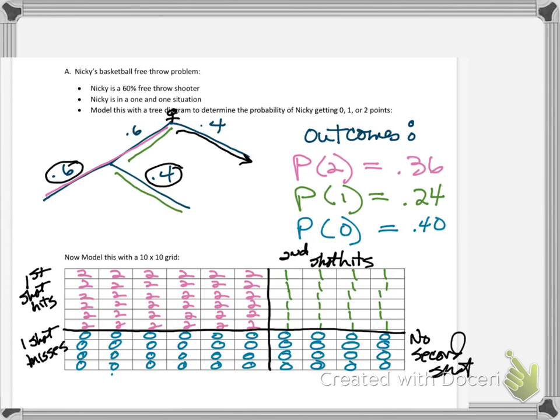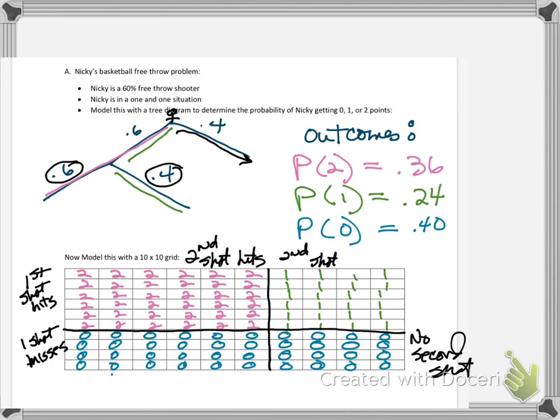You can model this exact same thing with a 10 by 10 grid, and sometimes this makes it a little easier to understand. On the left side, I wrote first shot hits. If the first shot hits and the second shot hits, that's going to happen 36% of the time, and 36% of the time she will have 2 points at the end of her time at the free throw line.